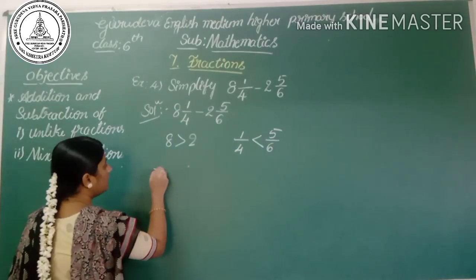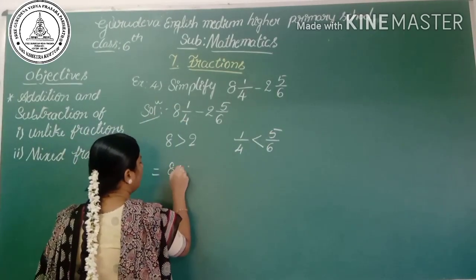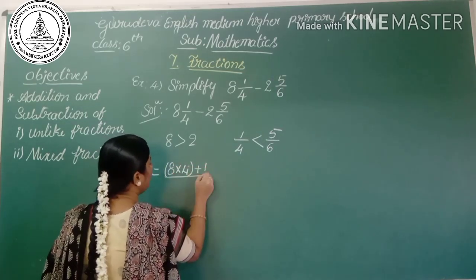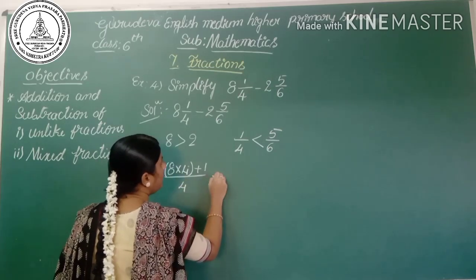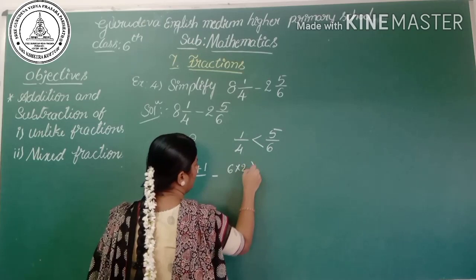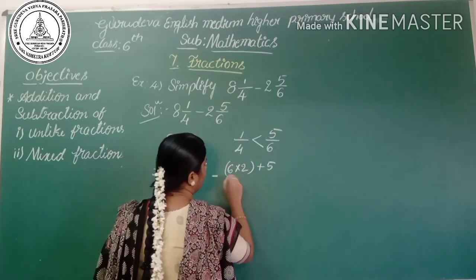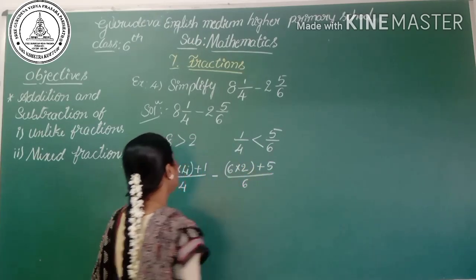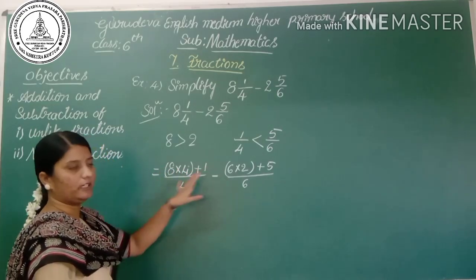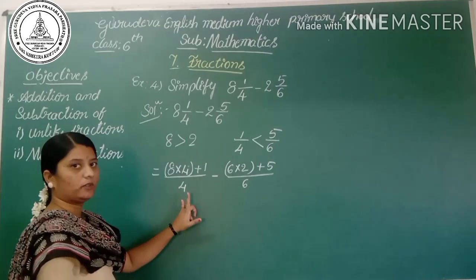Okay. Convert here, which is equal to 8 into 4 plus 1 divided by 4, then minus 6 into 2 plus 5 divided by 6. Okay. So whole number into denominator plus numerator, divided by denominator. Yes.